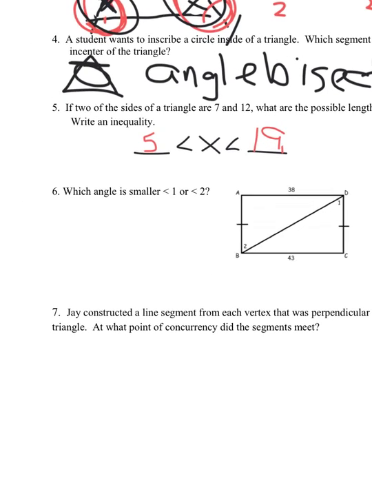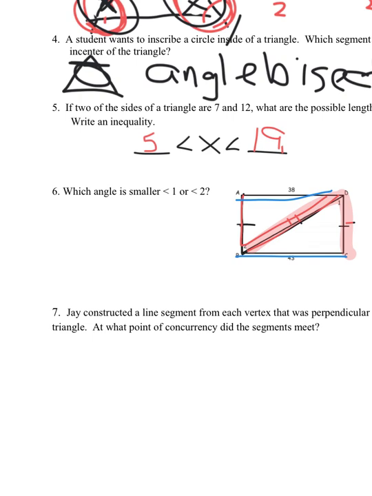Which angle is smaller, 1 or 2? Again, you'll notice that AB and DC are the same, and obviously they both use BD. So this angle here and this angle here, 1 and 2, both use the same side lengths, but you'll notice that this one's across from a 38, this one's across from a 43.